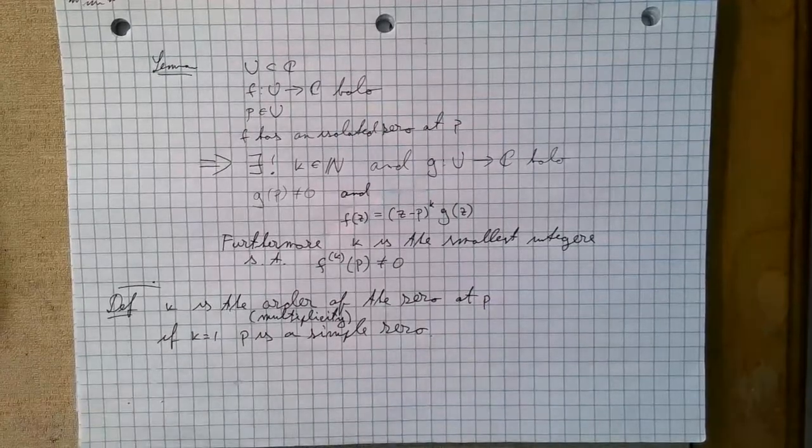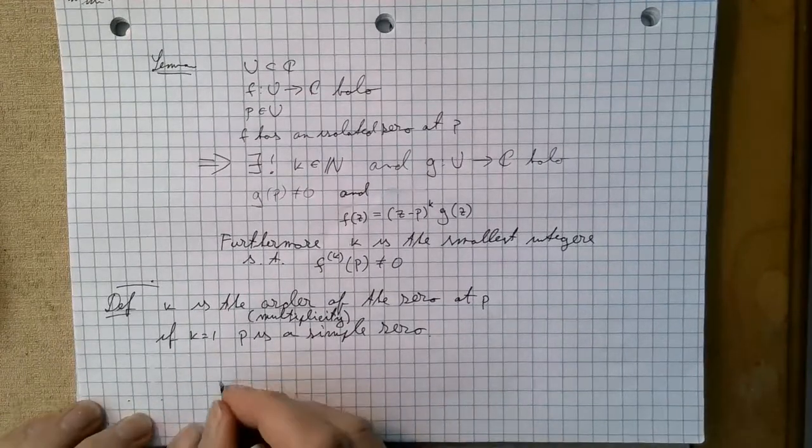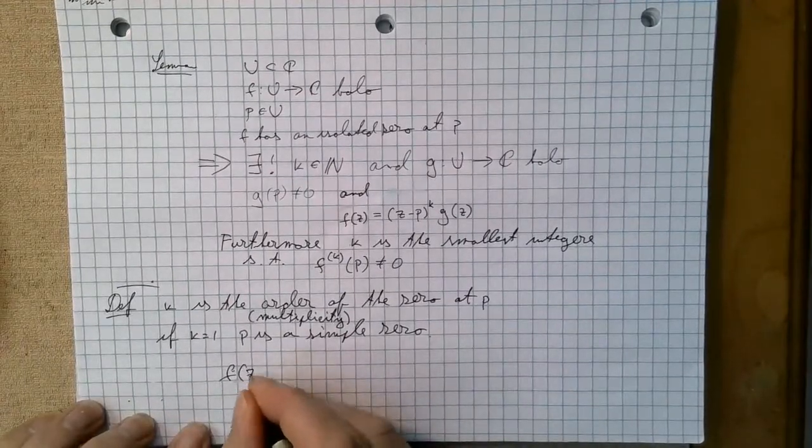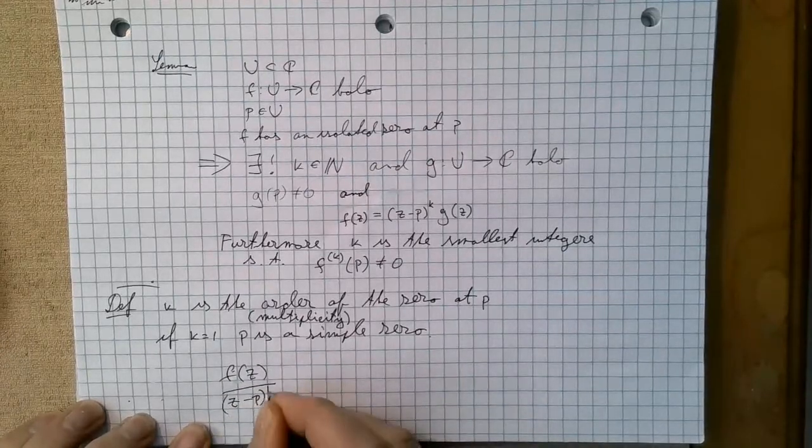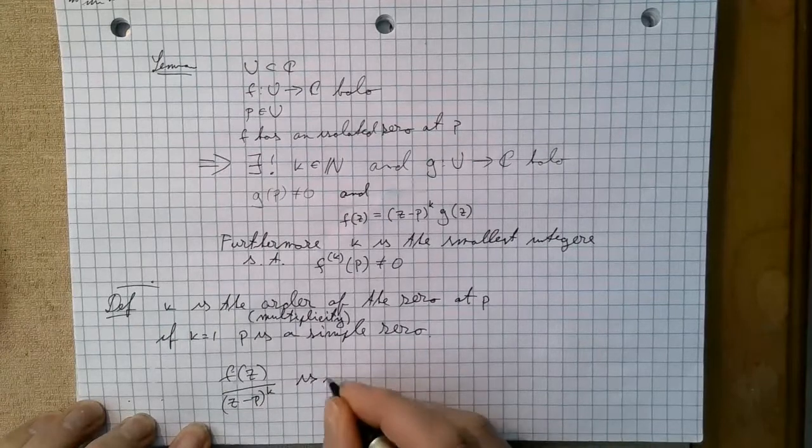Now, what does order mean? Order means that if f is of order k, that really means that f of z divided by (z minus p) to the k is bounded.